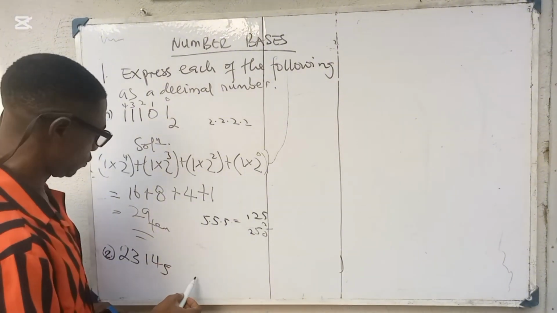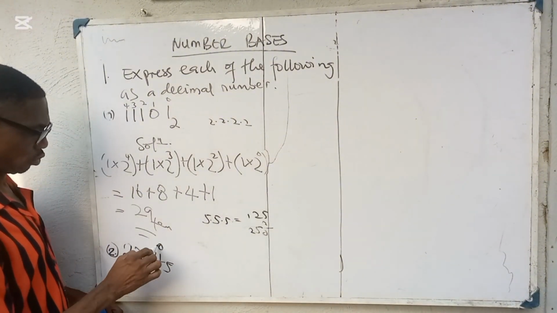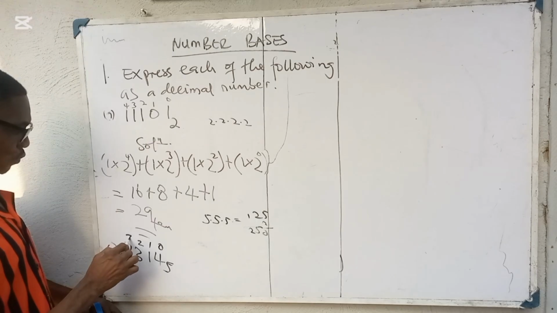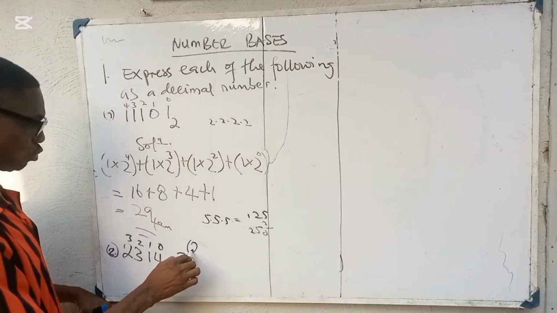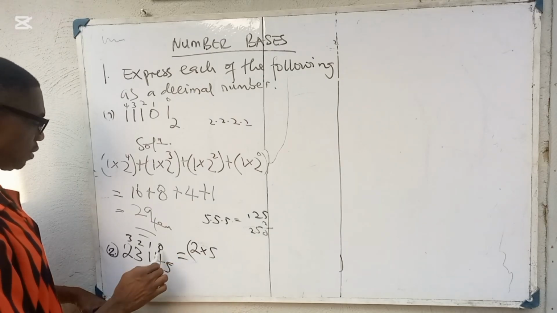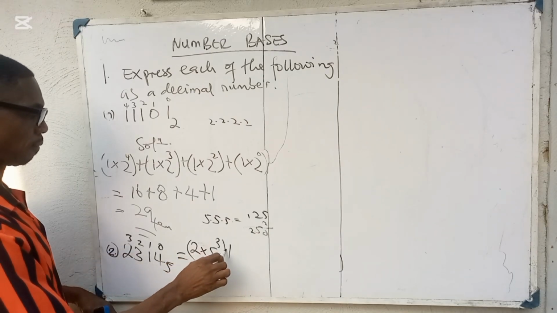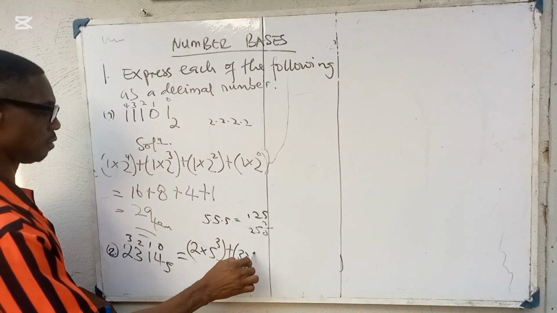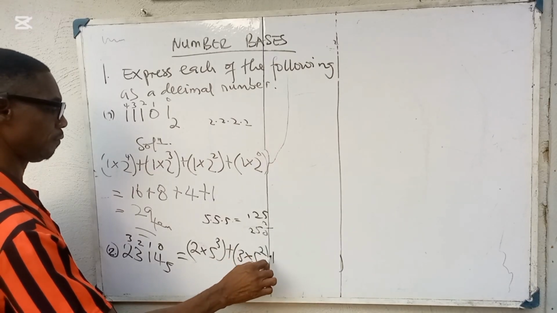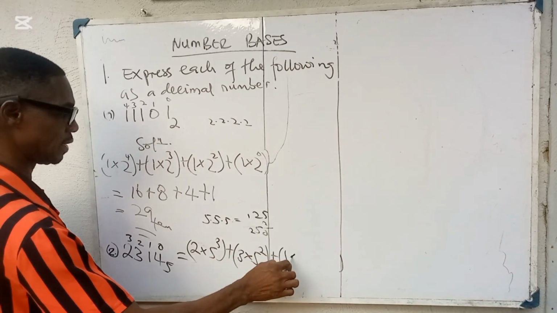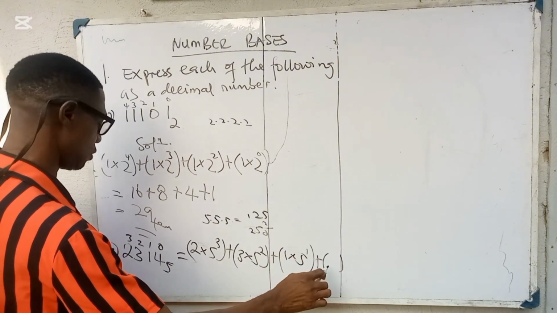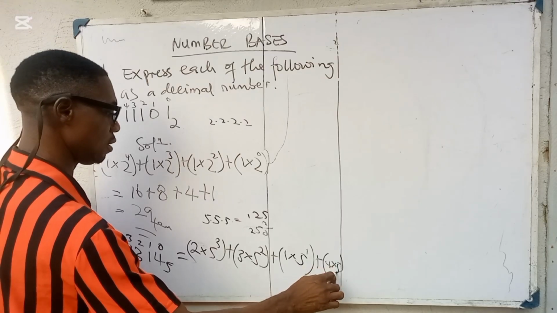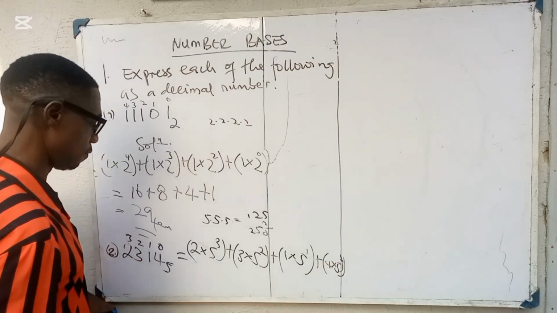Example number 2, we have the usual 0, 1, 2, 3. So expanded form: 2 times the base raised to the power, plus 3 times the base raised to the power, plus 1 times 5, which is the base, plus 4 times the base to the power 0.